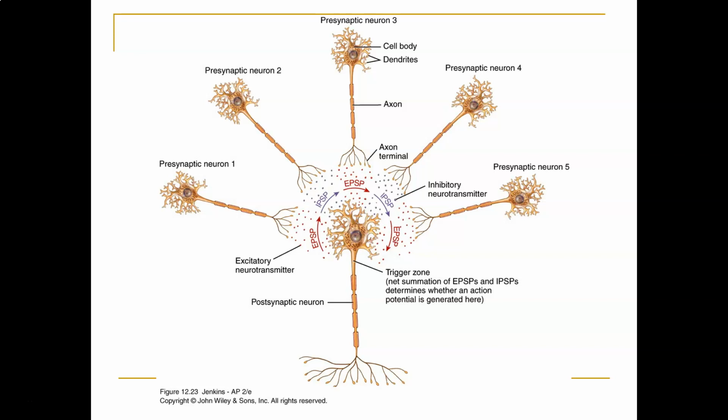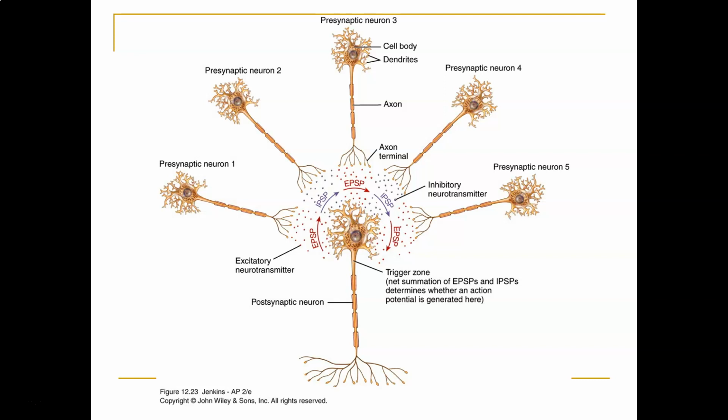Or you could think of it as voting. The EPSPs are voting, yes, we want an action potential. The IPSPs are like, no, we don't want an action potential. And when they get there, they add and subtract, you know, how much more positive charge is arriving than negative charge, or vice versa. So they summate, you kind of add and subtract, and you see what you get.